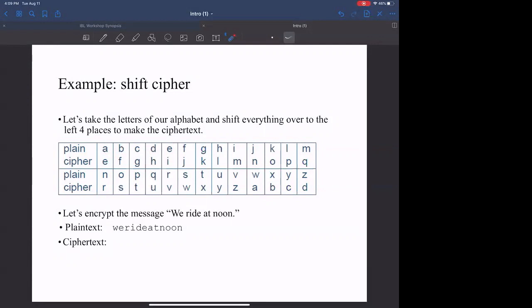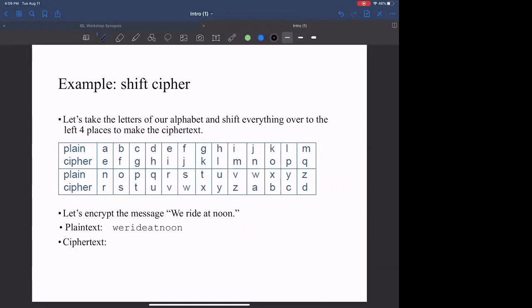Now, of course, when we get to A, we don't have anywhere to go there, so we're just going to wrap it around to the back. And the same with B, C, and D. So you just take your whole alphabet and shift it one way or the other. And the way that you shift it, the direction and how many spaces you shift it, that is your key that you have to have agreed on between you and your friend.